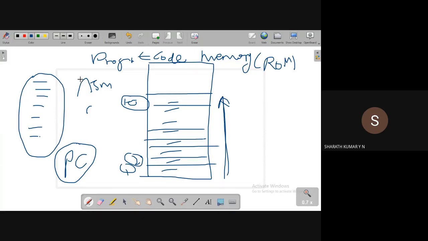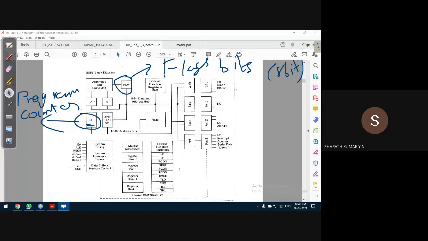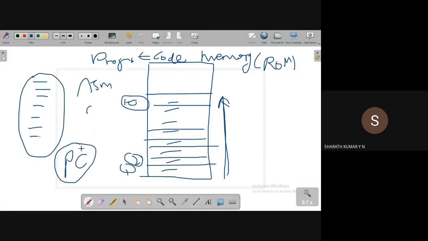You had an experiment. What does the counter count in the ADC lab? Pulses. Correct, it counts clock pulses. The input for the counter is clock pulses. Similarly, in our case, this counter should be counting something. What it counts is the number of instructions executed by the microcontroller. For example, let us say it starts with the first instruction. It executes the first instruction.